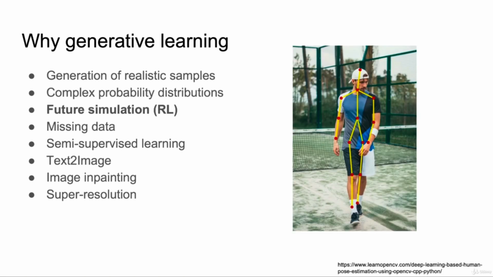The third application of generative learning is simulation of the future, for example, for reinforcement learning. So if we have a pose of a person in the current moment, what will be his pose in the next moment of time? And that's where we can use generative learning.